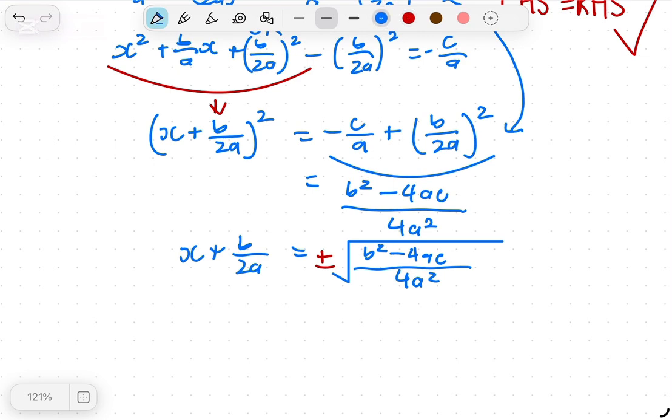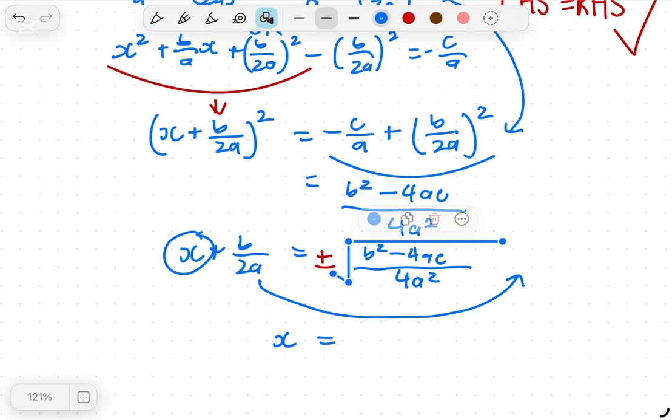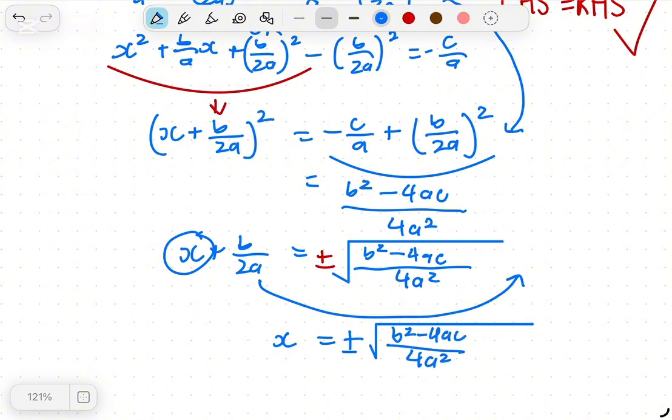Now, from here, to find x alone, what do we do? We just bring b over 2a to the other side. And from there, we get x equals the square root of b squared minus 4ac over 4a squared minus b over 2a.